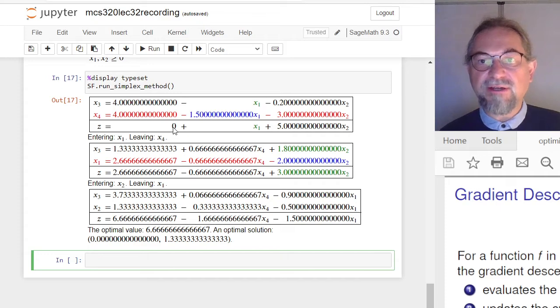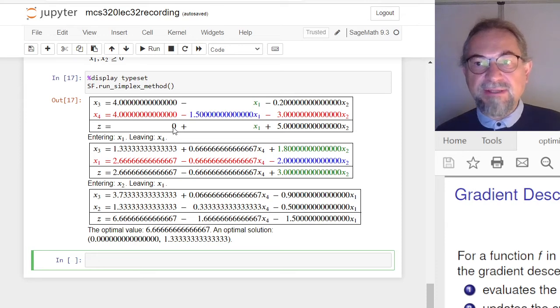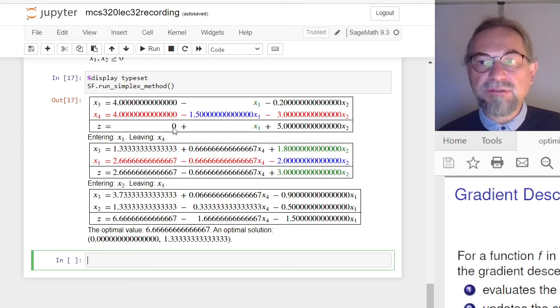So we started out with x1, x2. We have then the x3 and the x4, which are the added variables to turn the inequalities into equalities. The equalities are called dictionaries.